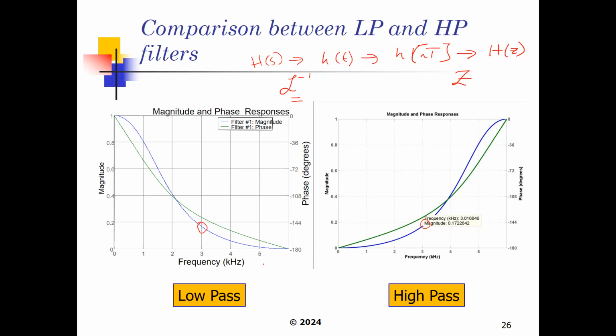In this case here, you start with H(s), you get this variable C, and then you make a substitution and you get H(z). In both cases, you must have a sampling frequency. You can't do this work without some sort of sampling frequency.